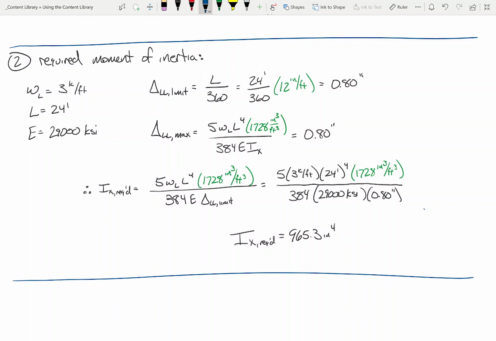Okay, so after step 2, we know that the required moment of inertia is about 965 inches to the 4th. Okay, that's what we know. All right, everybody with me so far? Okay, so now for our design exercise.